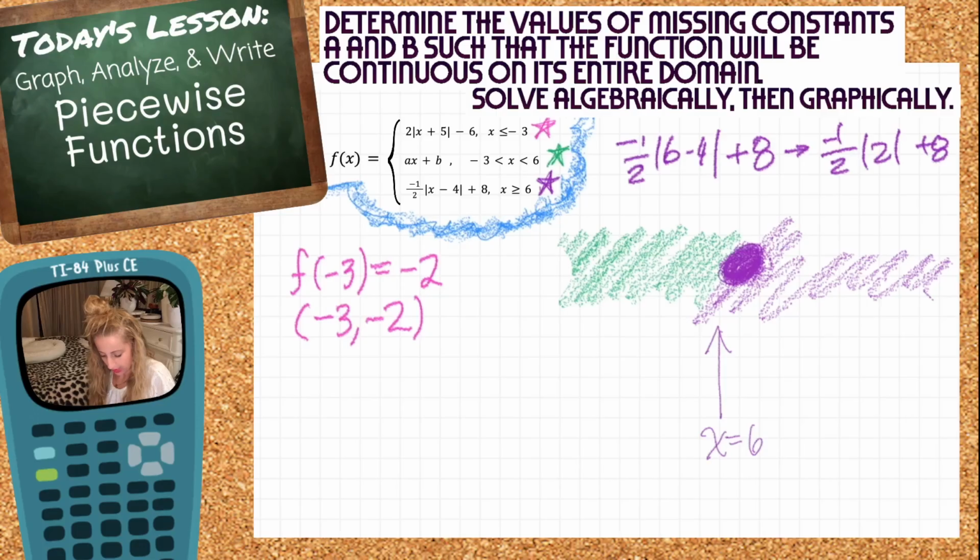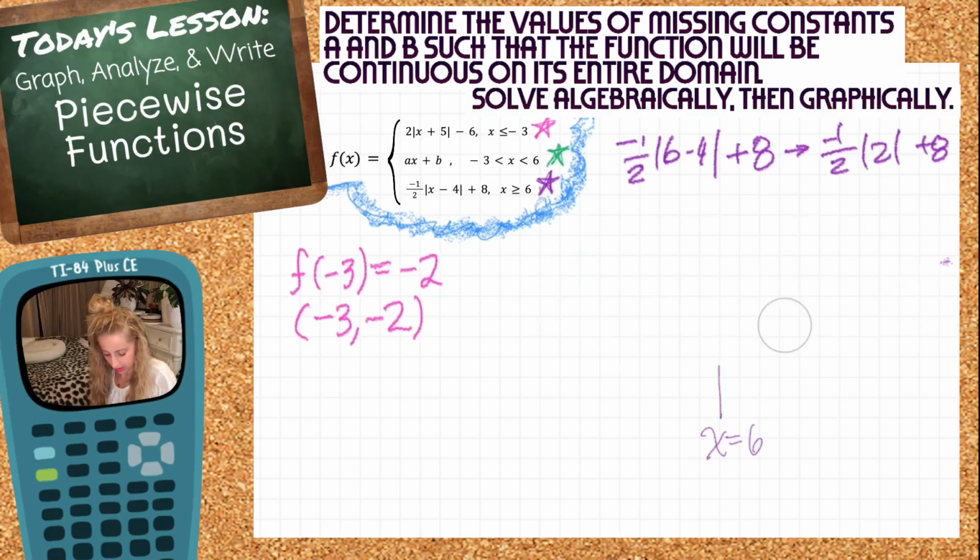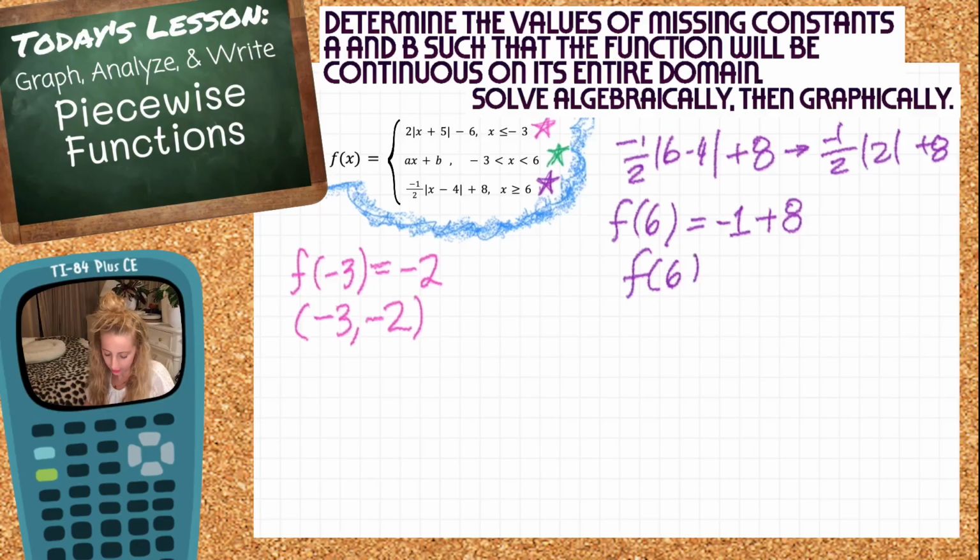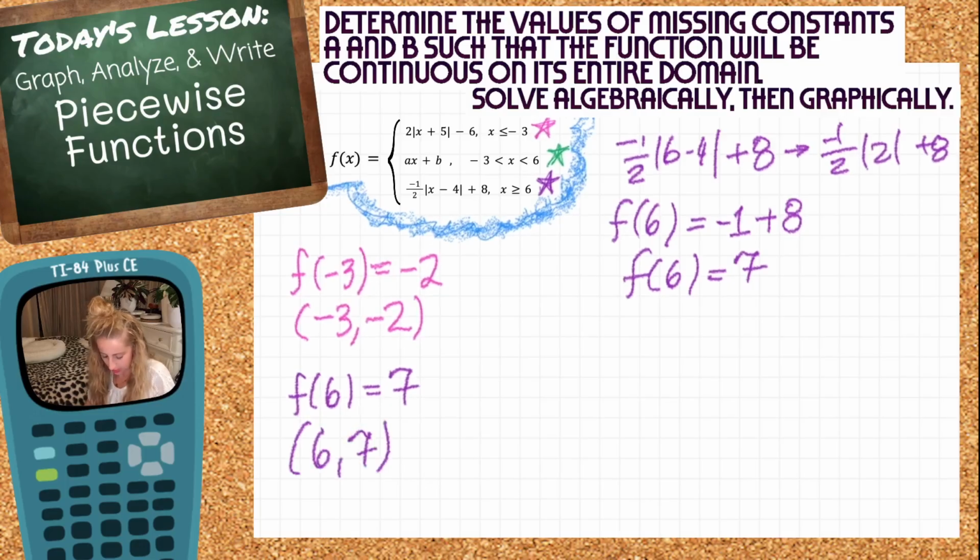So f of 6 equals -1/2 times 2, which is -1, plus 8. So f of 6 equals 7. f of x is y, so 6 comma 7 is the other point.